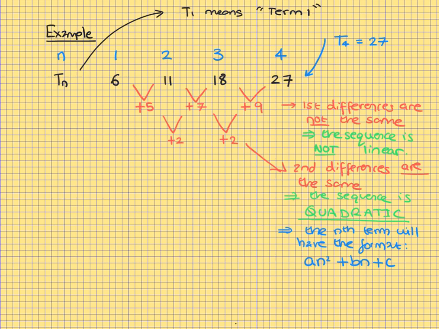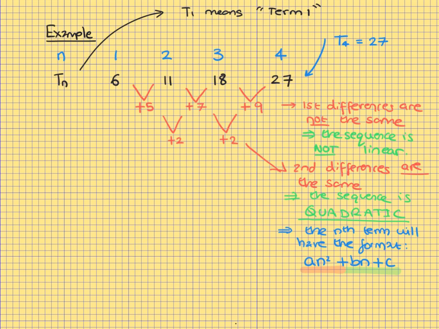So you've come across previously linear expressions for nth terms of sequences, and if we just had this part with the bn plus c, for example, nth terms like 3n plus 2, 5n plus 3, 7n minus 1, that's what you've come across previously. A quadratic sequence has an added element to it with a square term like this.